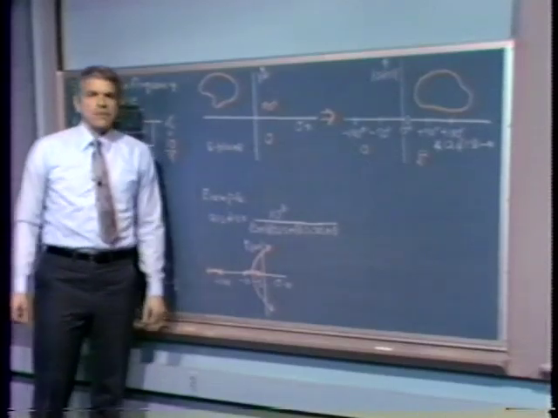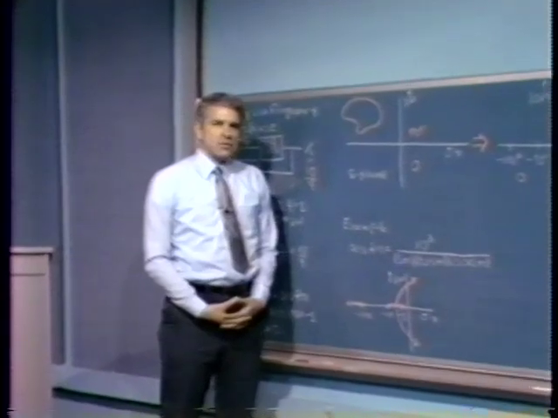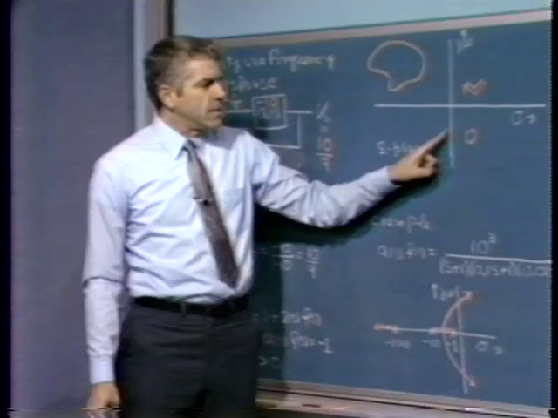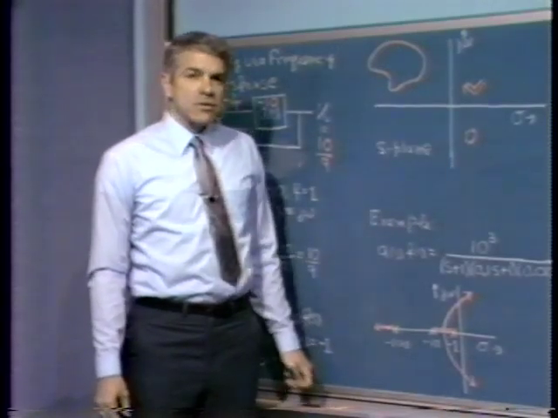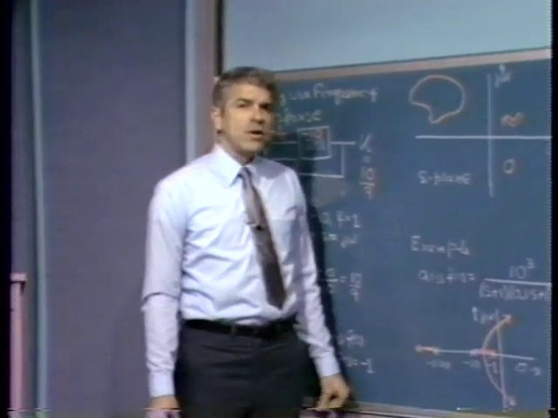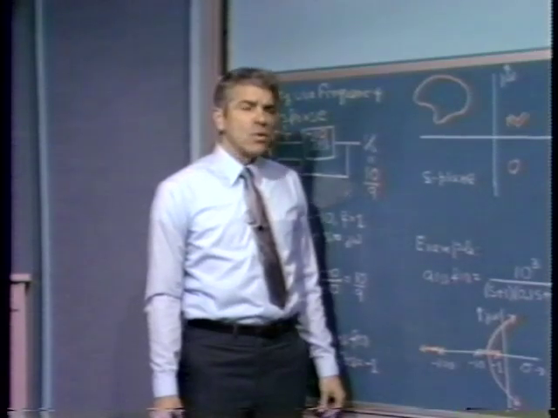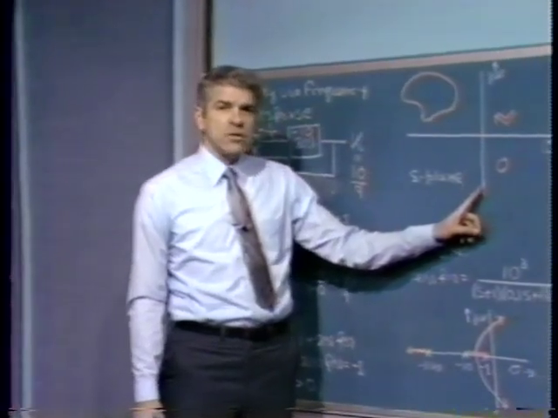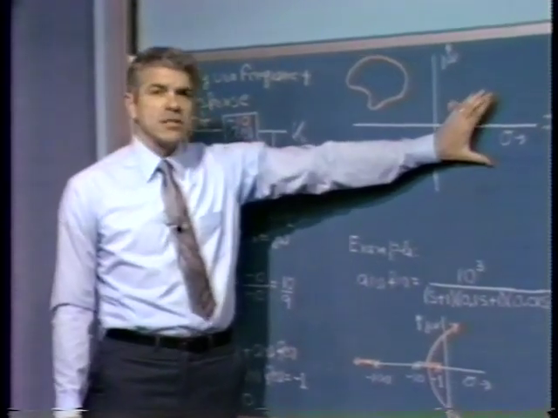Well, how do we use all of this to investigate the stability of a system? The secret is to evaluate the AF quantity along a contour that includes the region of interest. We're interested in whether there are any values of S with positive real parts that give rise to -1s of the AF product. And so what we do is evaluate the AF product along a contour that includes the entire region of interest, in particular, the entire right half of the S-plane.